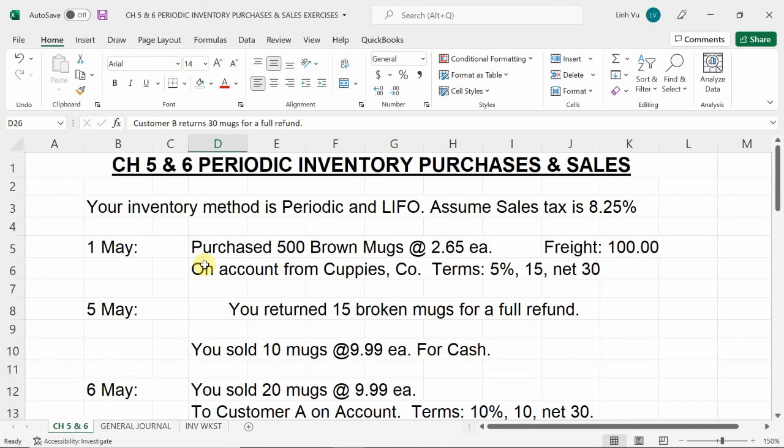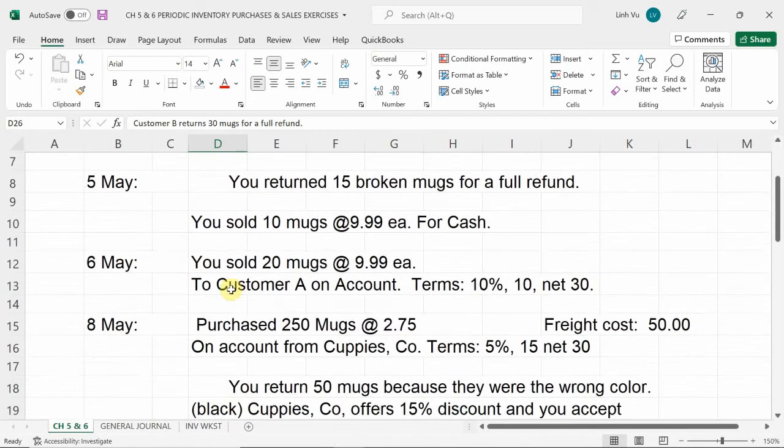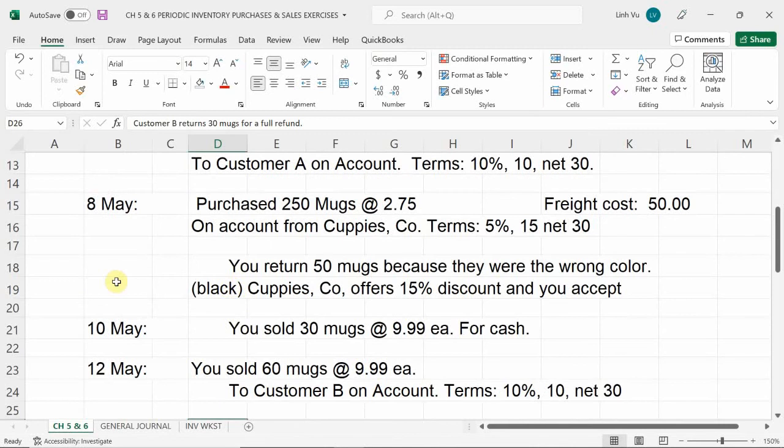If I purchased on May 1st and I'm given 15 days to meet the discount, but I made a payment on May 30th, no, I already missed it. So that means whatever amount that I owe here is what I'm going to pay. What about May 8th?